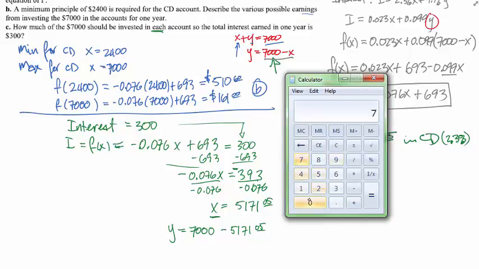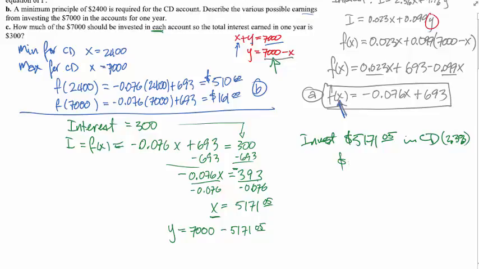So that's 7,000 minus 5171.05, which is 1828.95.